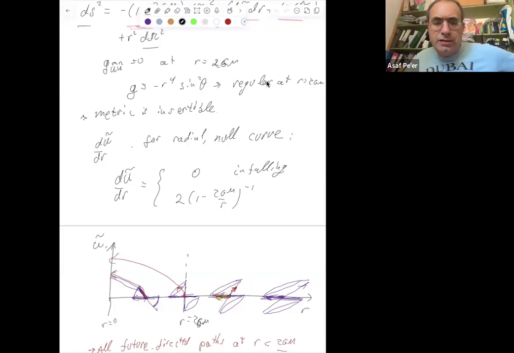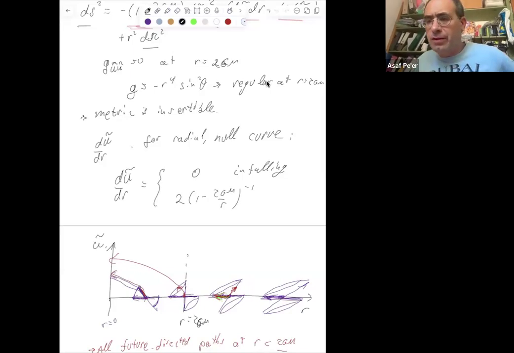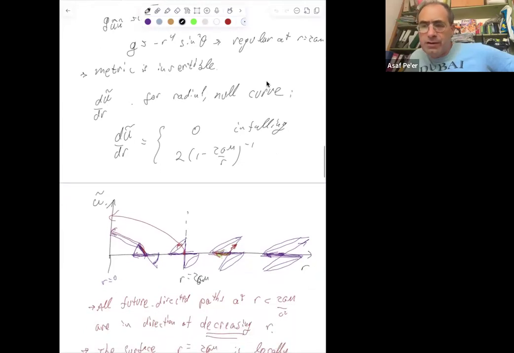But then we got some very nice result that if you enter the horizon, you never are able to get back. It's a one-way ticket. And in fact, all future directions will take you towards r equal to 0. This is the place where all the physics is gone. So we don't really know what happens there. Just slightly before that, the laws of physics as we know them fail to exist.